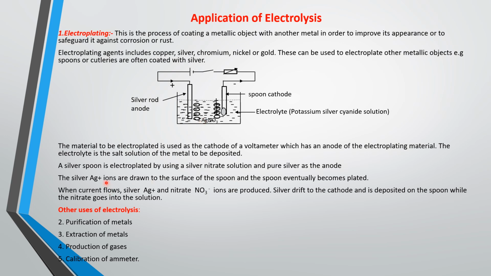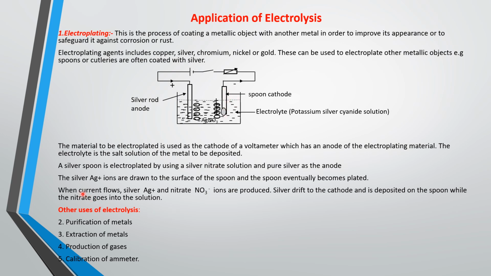A silver spoon is electroplated by using a silver nitrate solution and pure silver as the anode. Your anode is silver, the electrolyte is silver nitrate, which is a salt of silver, and then you have the metal to be electroplated, which is your cathode.